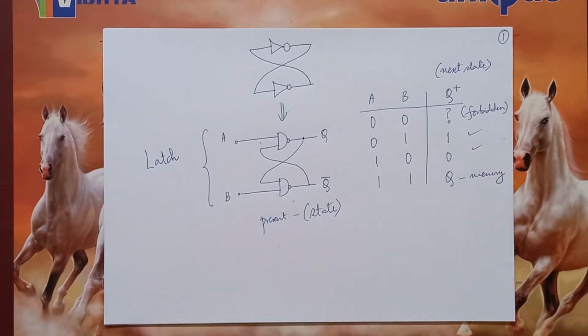This shows memory properties. So a latch is a circuit which has properties of both combinational circuits as well as memory properties, in its simplest definition.